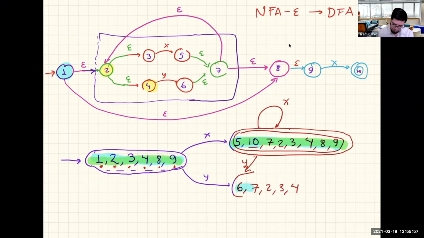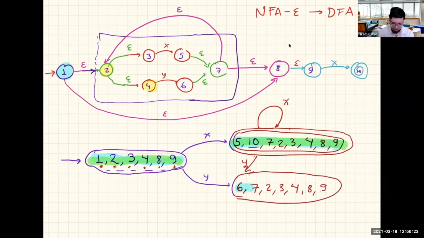And also 6, 7, 3, 4, and then to 8, and in turn to 9. And that's it. The expansion is done, so we can close this state.